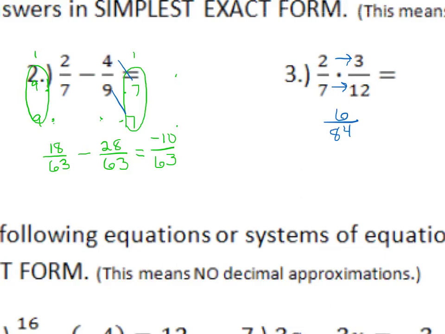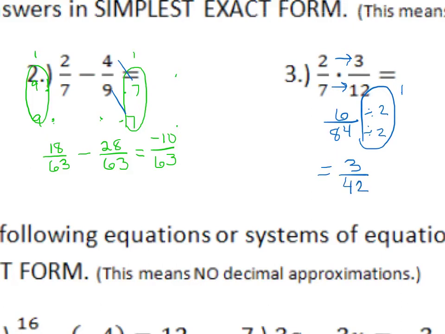I notice those are both even, so I'm going to go ahead and divide top and bottom by 2. I have to do it to both, so that I'm not changing the value, because 2 over 2 is equal to 1. Dividing by 1 doesn't change the value. All I'm doing is simplifying here. So whenever you're simplifying, you're not wanting to change value.